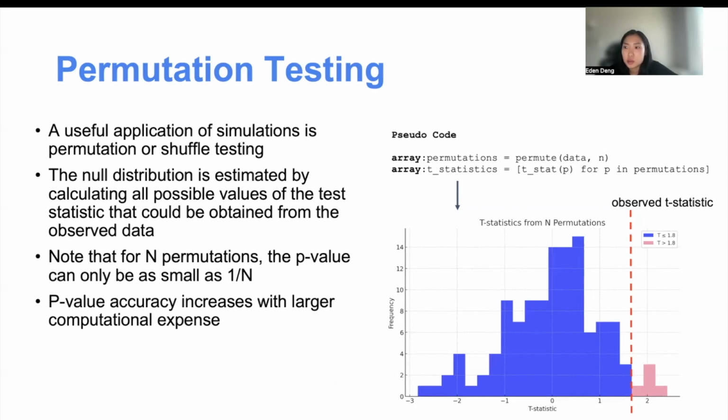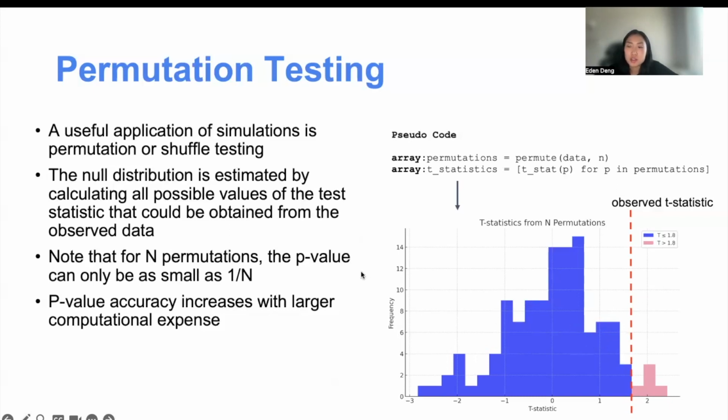And for each of those, we'll compute a t-statistic. And then afterwards, we'll have n t-statistics that allow us to estimate the null distribution. And as we did before with our known null distributions, we can see where our observed t-statistic lies in relation to the simulated statistics and calculate a p-value estimate from there.